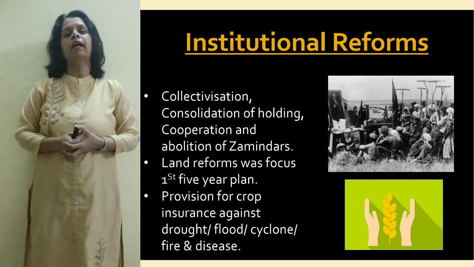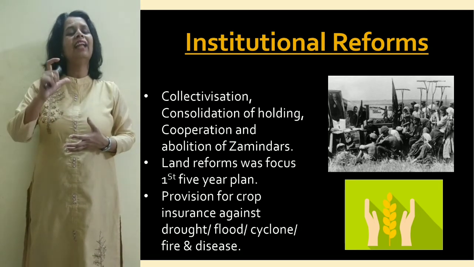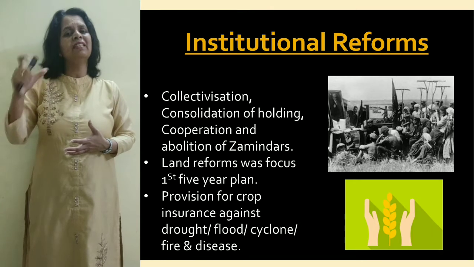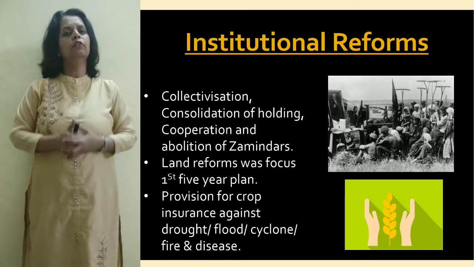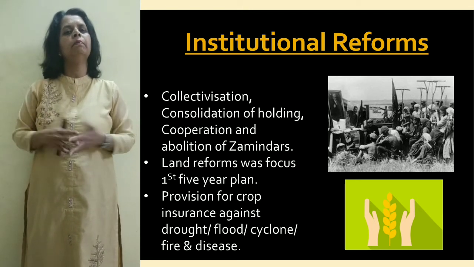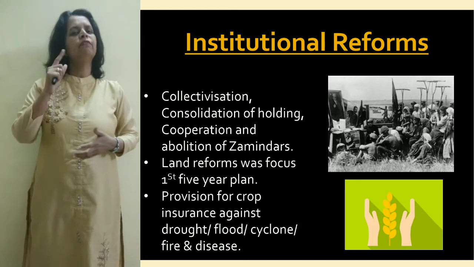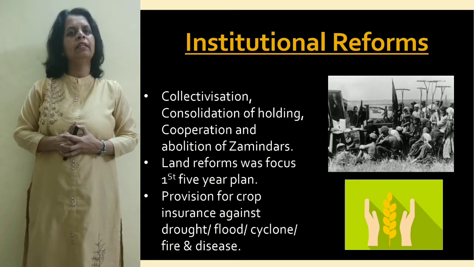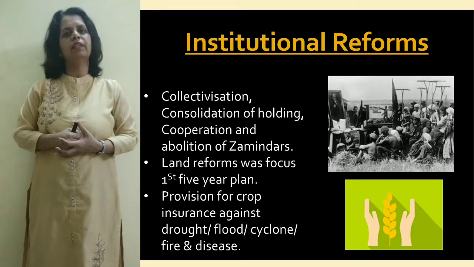Because of that, fragmentation of land has taken place. Land is divided into small pieces, and on these small pieces modern methods cannot be utilized. Threshers, tractors and all these modern equipment cannot be used on small land holdings, and hence the very first step the government has taken is collectivization and consolidation of these land holdings.